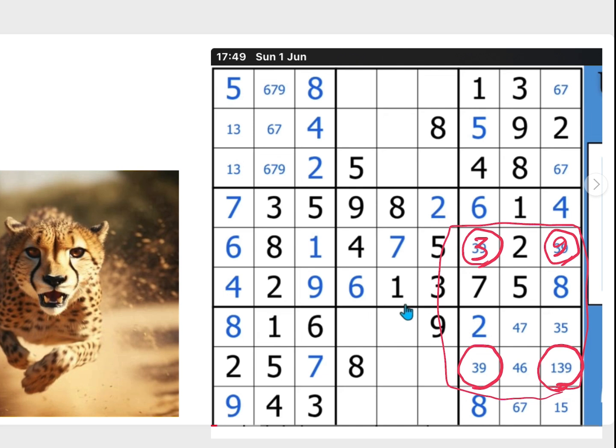If I write 3, 9, 3, 9, and then replace those numbers the opposite way, like 9, 3, 9, 3, then the Sudoku has two solutions, which is impossible.